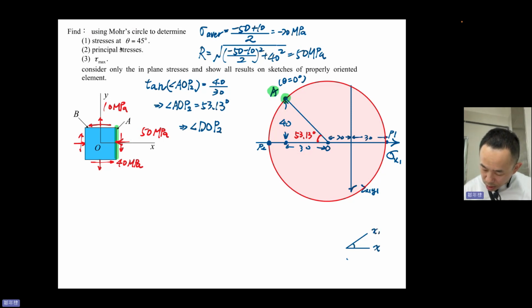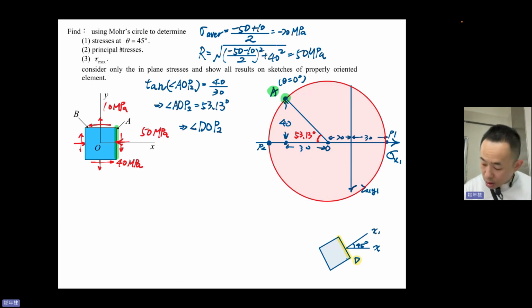X1 is 45 degrees. So this is 45 degrees, yellow. And this is D. Let's give the name of it. D, all right?